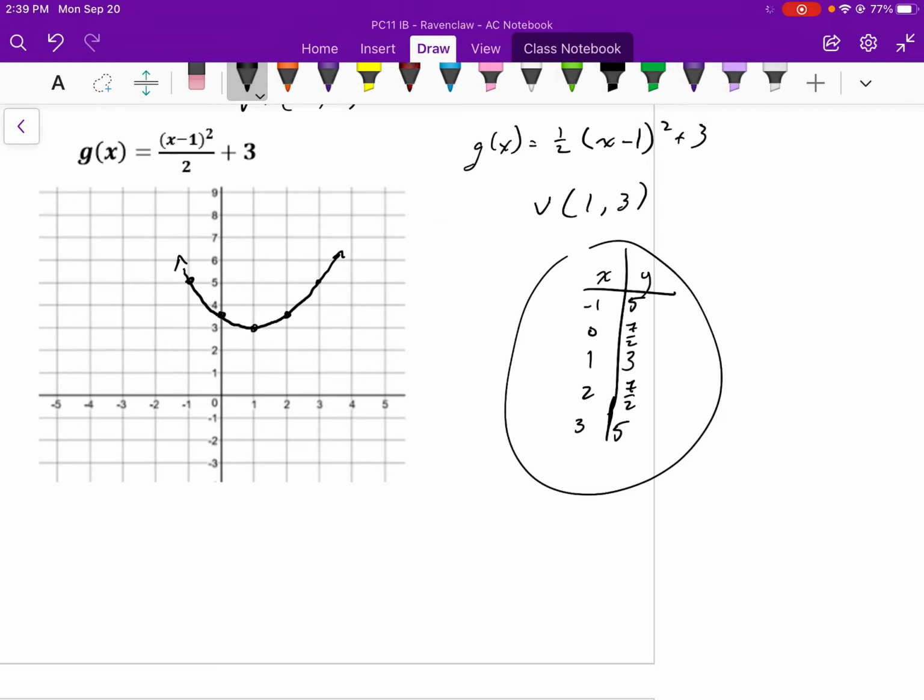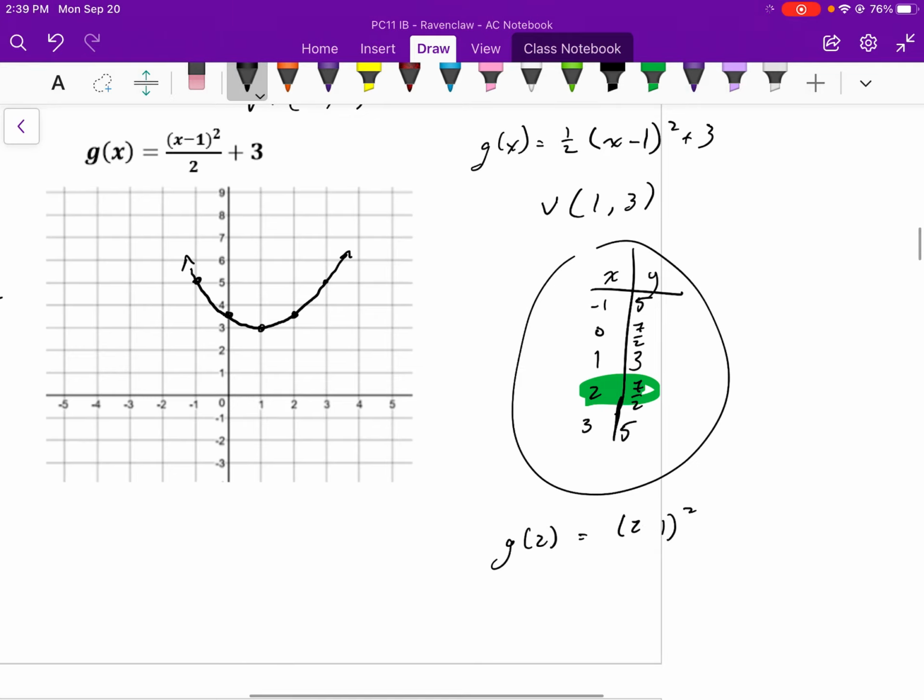But how do we calculate the y values? Simply by taking an x value and plugging it into the function. So I'm going to take x is equal to 2 and see what I get. So g of 2, that is when I plug 2 into my function g, it is really x minus 1 squared, sorry.